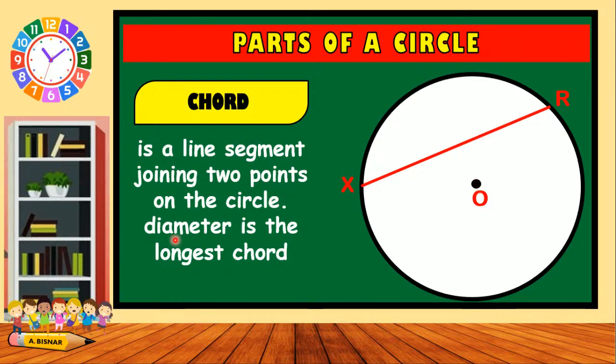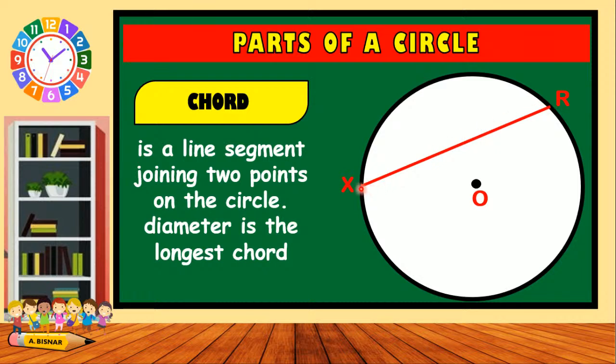As you observe, meron pang kasunod yung definition na diameter is the longest chord. Pero yung diameter, dumadaan siya sa center. Dumadaan sa gitna. Kapag chord, kahit hindi dumaan. As long as you are connecting 2 points.